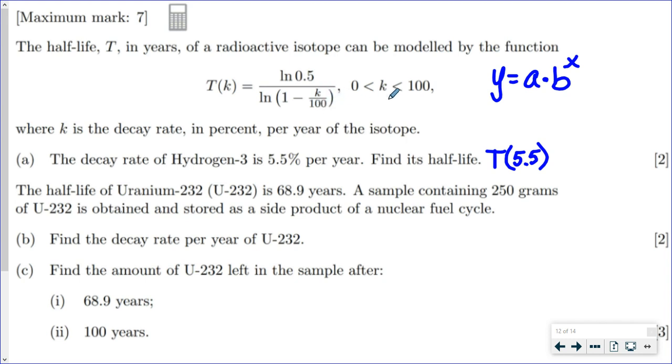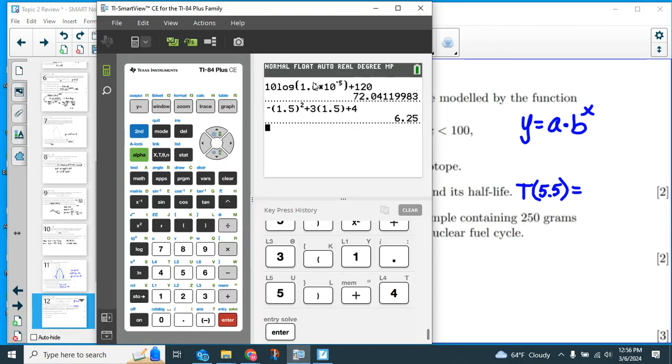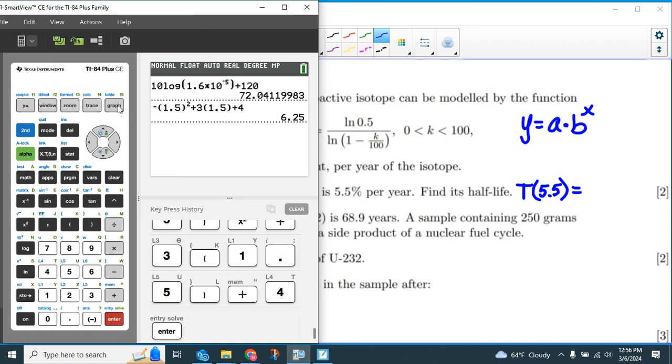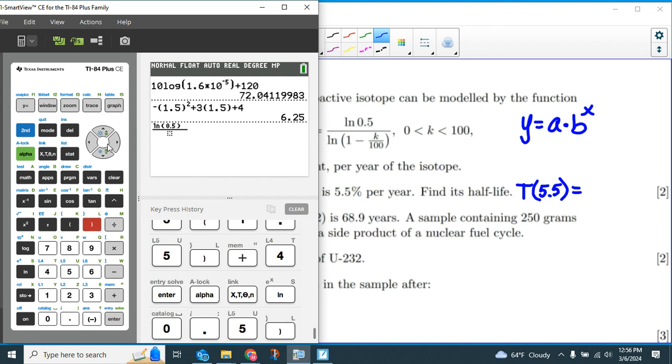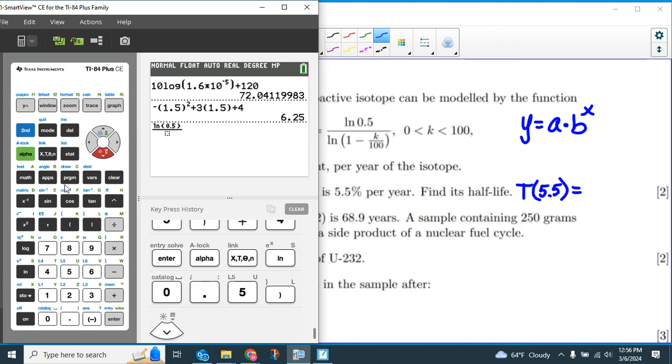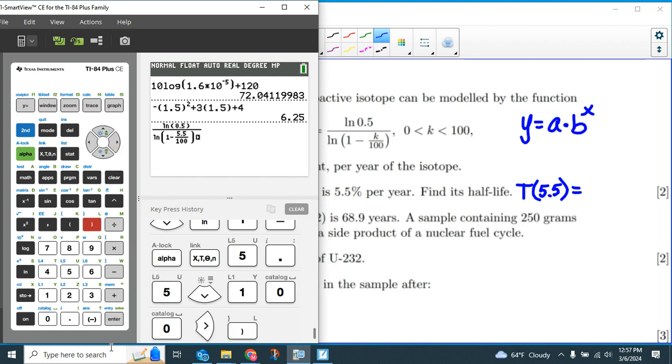Whenever you see this over 100, that means you don't have to worry about changing it to a decimal. So we literally just plug 5.5 in here. ln of 0.5 over ln of 1 minus 5.5 over 100. Boom. 12.3 years.